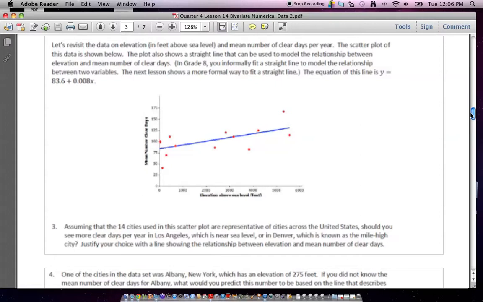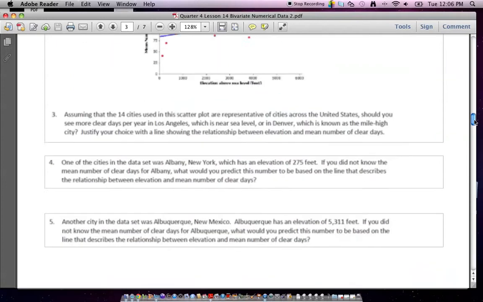Everybody take your calculator and type in 83.6 plus 0.008 times 275. And tell me what you get. 85.8. All right, now 275 is right around here, and if I go up, isn't that right around 85? So that's what the line of best fit does. It predicts value. Is it perfect? No, but it should give you a ballpark reading on what we're doing there.